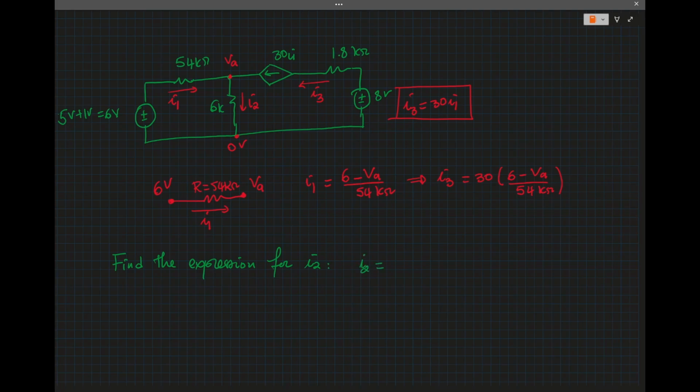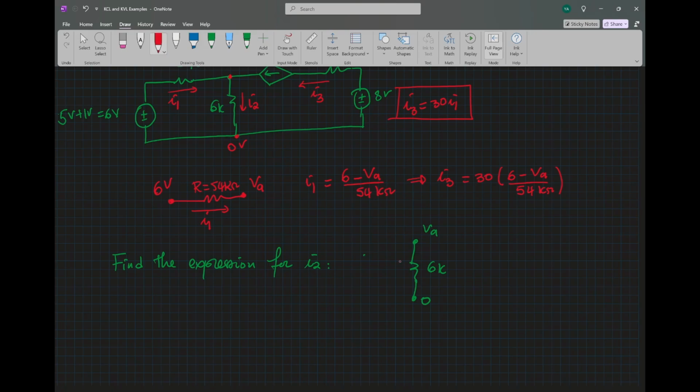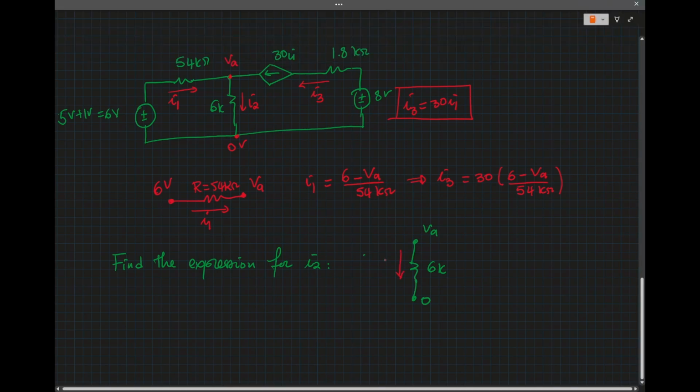So I2, right? For the 6K ohm resistor, we know this is VA. So for that resistor, we have 6K here, this is VA here, this is 0, that's ground, and the current I2 is flowing from top to bottom.